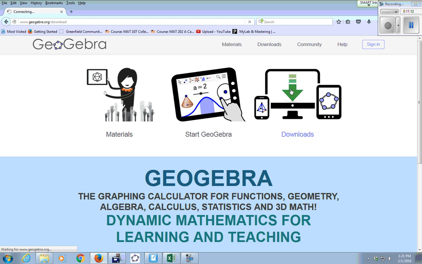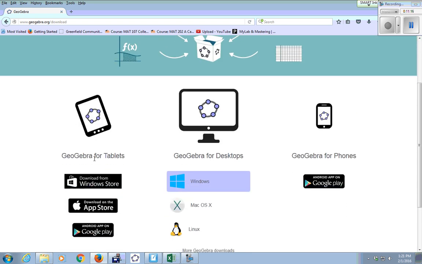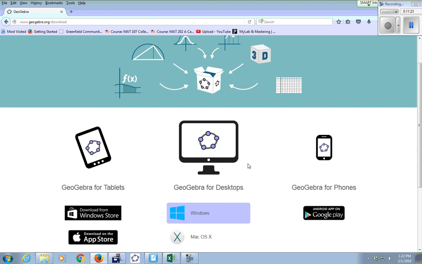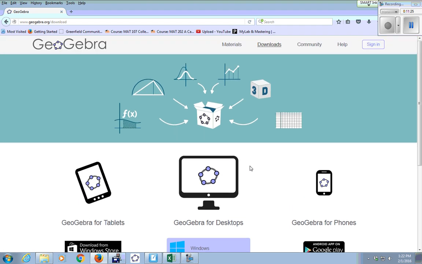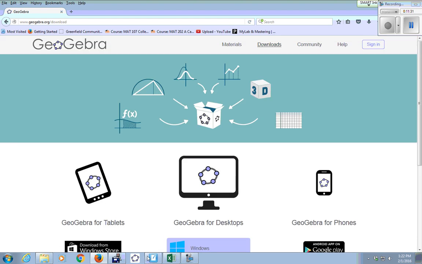The download for an app, for your phone or for a tablet, works, but it's not as user-friendly as the full version. So I would recommend the full version if you have access to a computer. So just click download, download the version you want, and what you end up with is a program that looks like this. Opening it now.